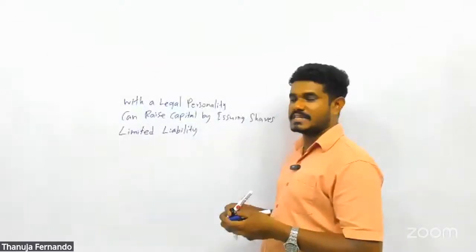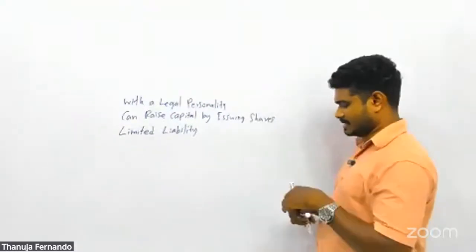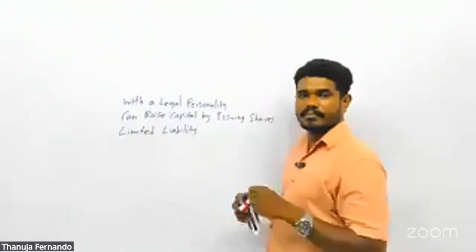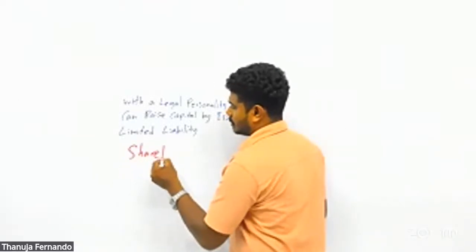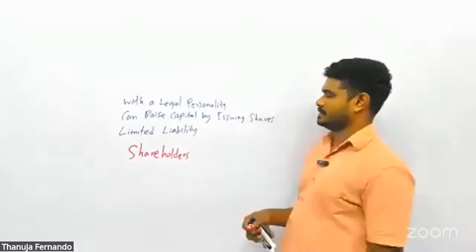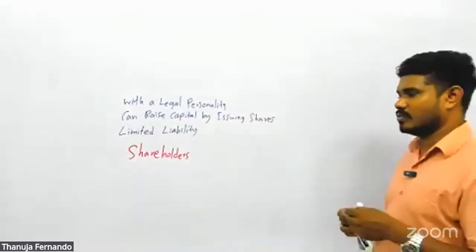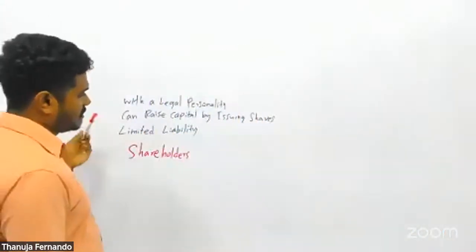For partnerships, they are partners. But for incorporated companies, we call them shareholders. So you have an idea about legal personality and limited liability because we have learned it before.